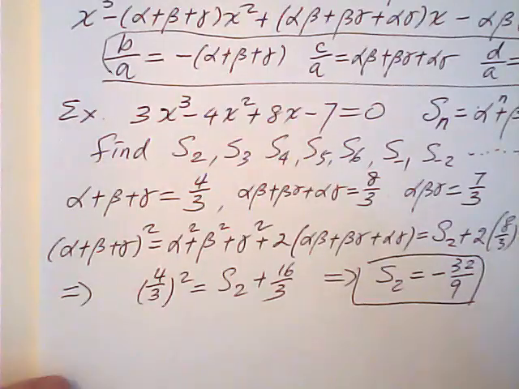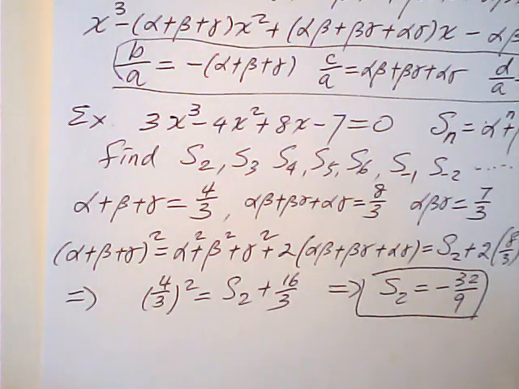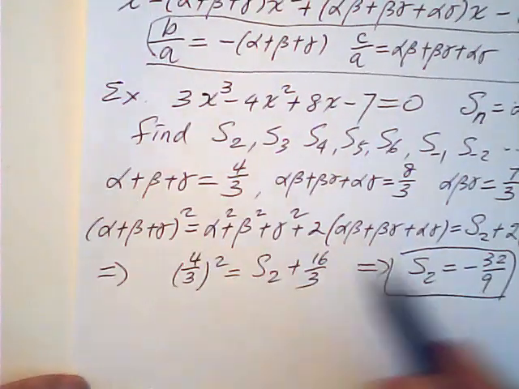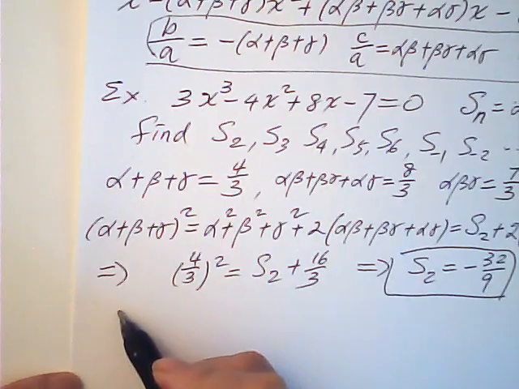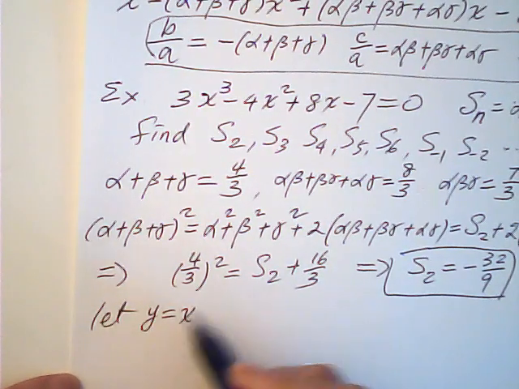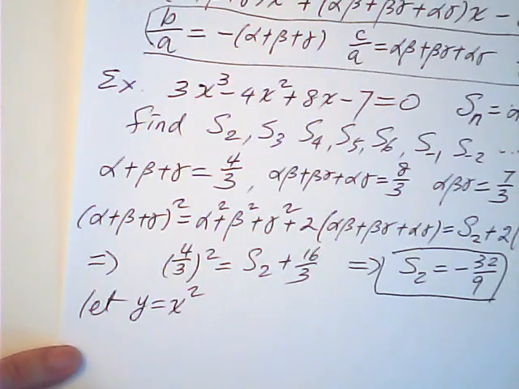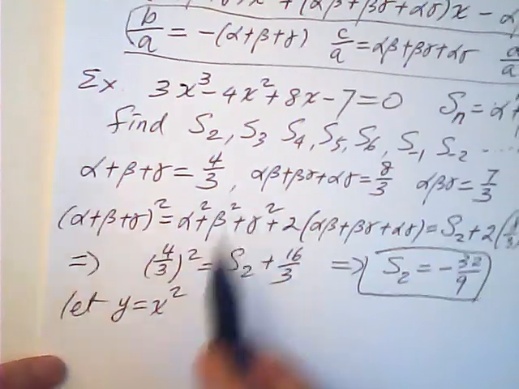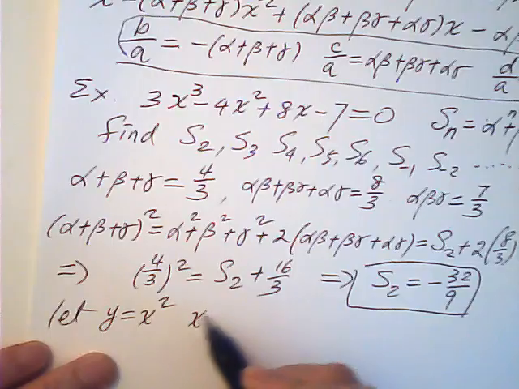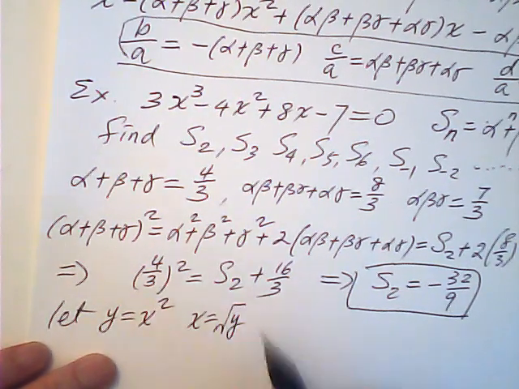Now we also have different ways to find S2. And this is the other way. Now, suppose we let y equal to x squared, then x is equal to the square root of y.